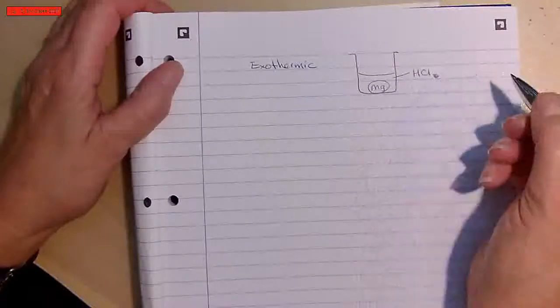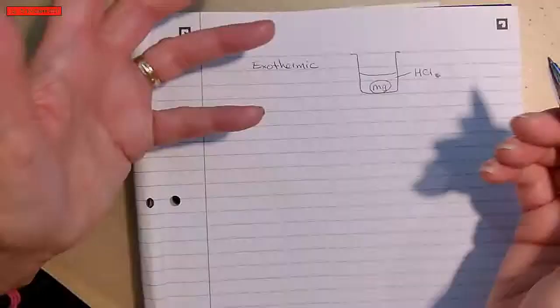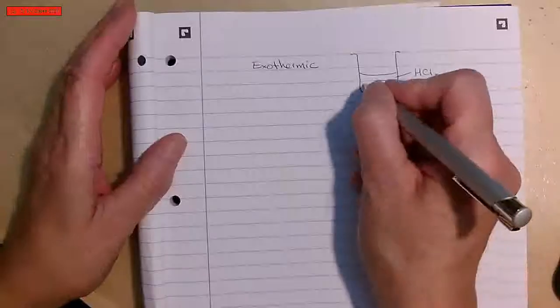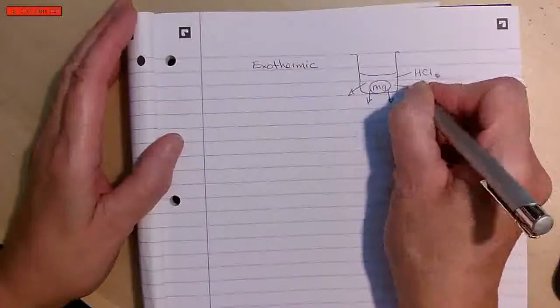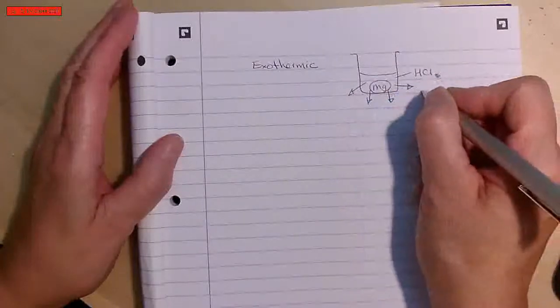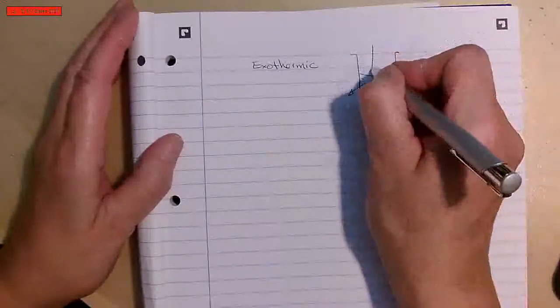If we were to put our hands around that beaker, we would feel it getting warm. So what's happening is energy is being released from that reaction, and we can feel it as heat.